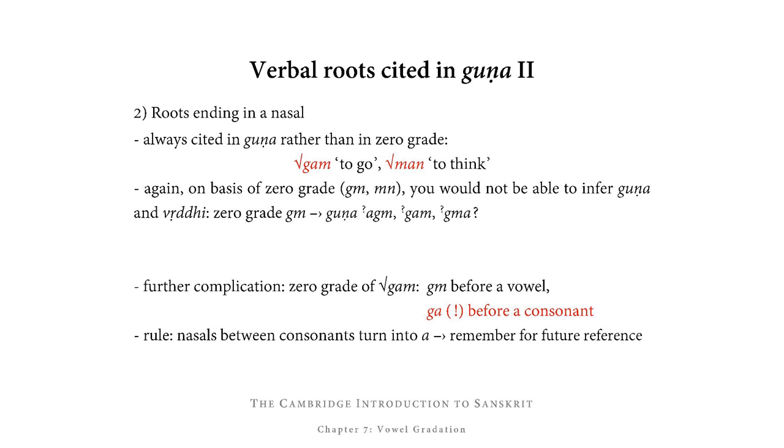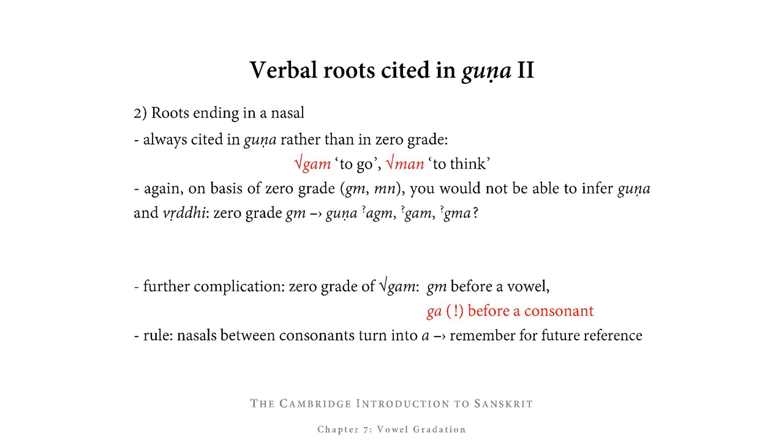But in the case of gm and mn, there is no vowel, and therefore you cannot know where you should add guna a. So for example, on the basis of gm, you can't know whether guna would be agm, or would be gam, or would be gma. So with the a added at the beginning, or in the middle, or at the end of the root.